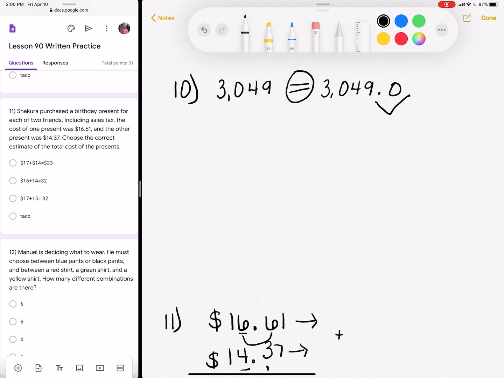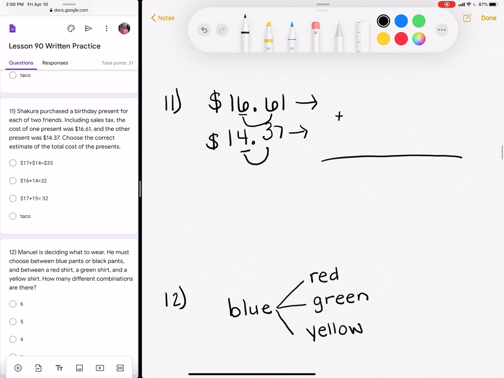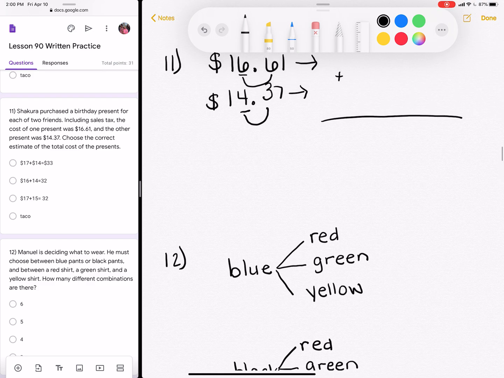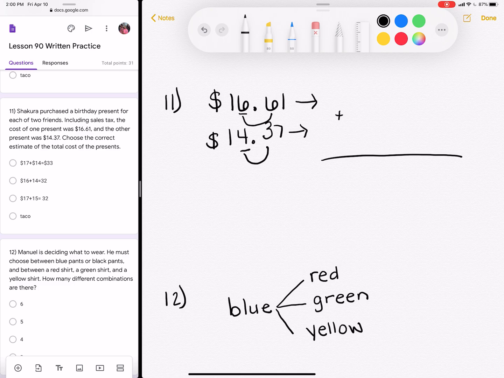Shakura purchased a birthday present for each of 2 friends, including sales tax. The cost of one was $16.61 and the cost of the other was $14.37. We're going to estimate, and we're going to round and then estimate the total cost.